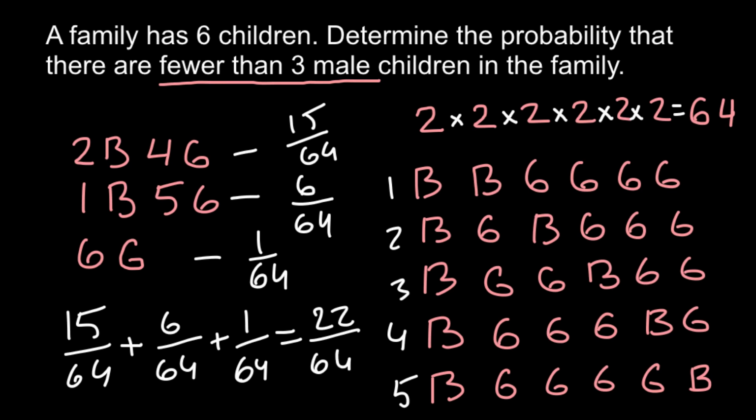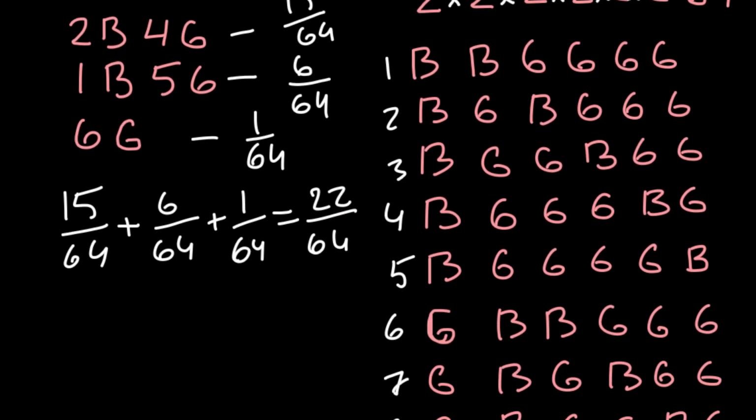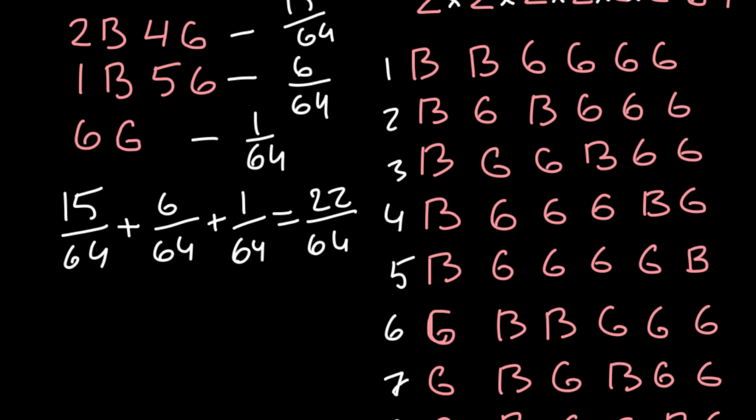And if you need an answer in percentage form, you have to divide 22 by 64, and the answer would be, so if we divide 22 by 64, we are going to get 0.34375.